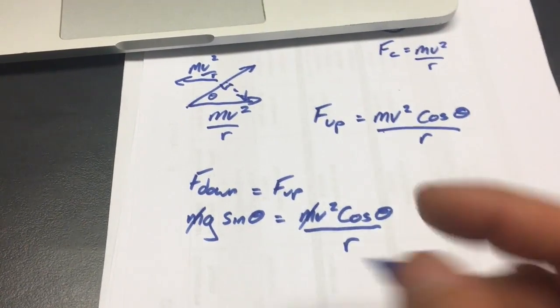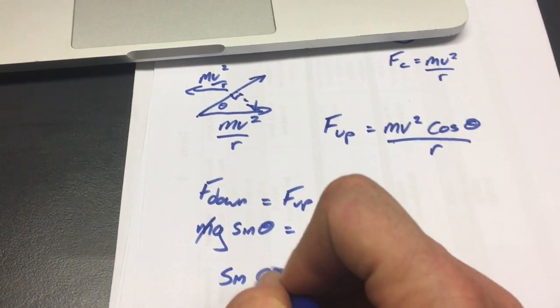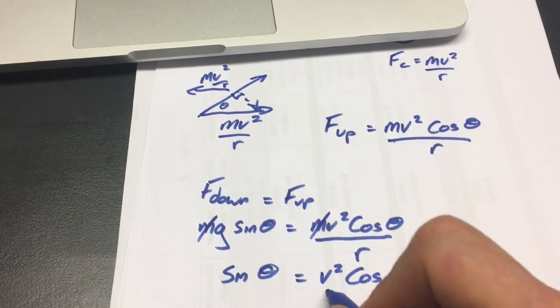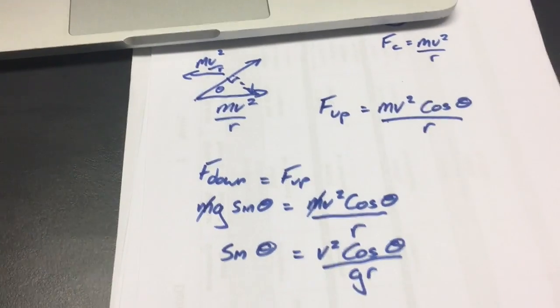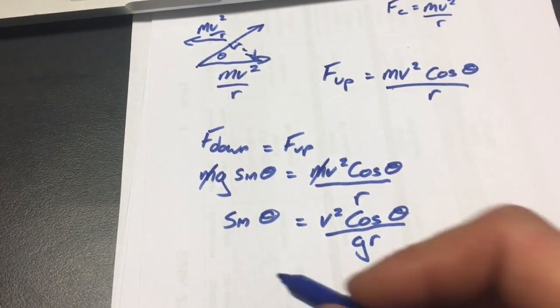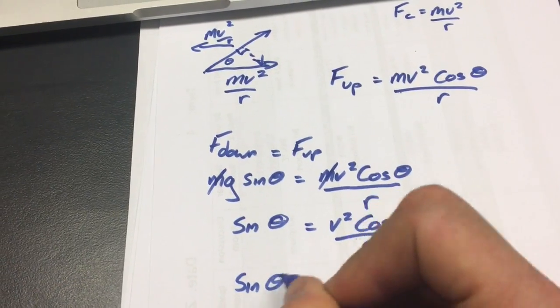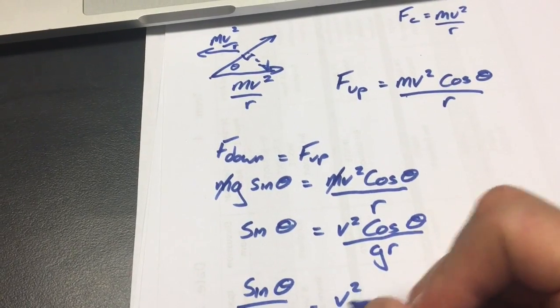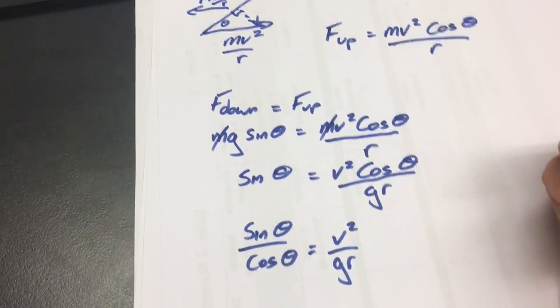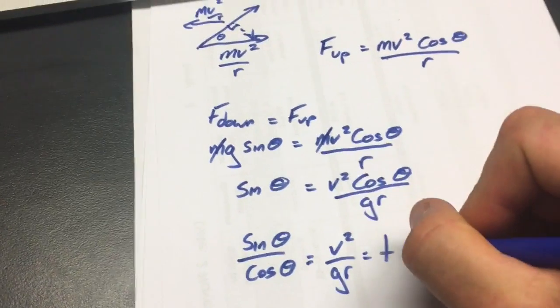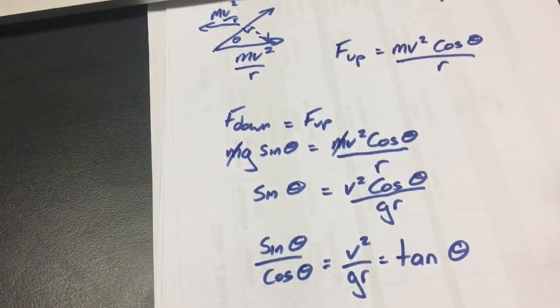Let's divide both sides by g. Sine theta equals v squared cos theta over gr. We'll now move the cos theta across by dividing both sides. Sine theta on cos theta equals v squared over gr. And really importantly, sine theta on cos theta is equal to tan of theta.